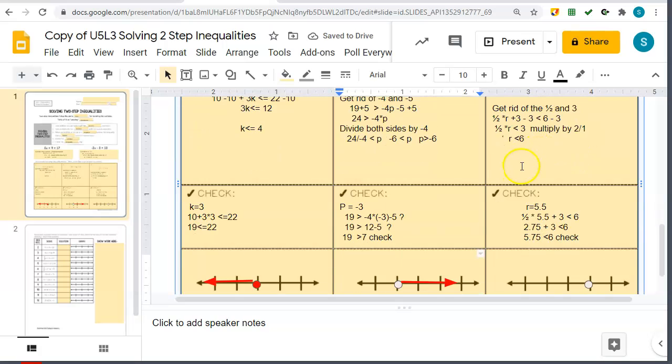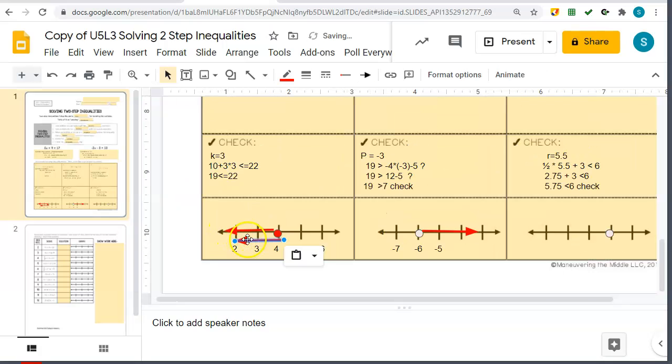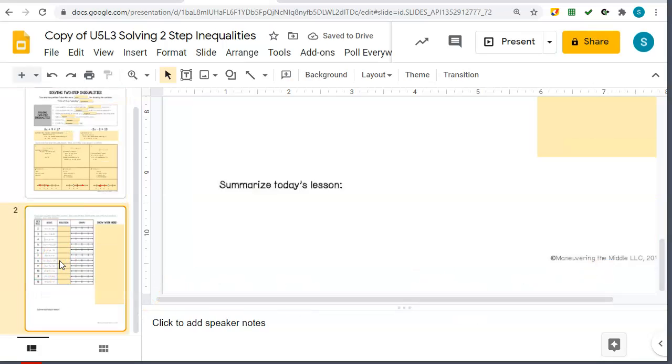Here we want r is less than 6. Alright, let's just lower that down a little bit. So here we've got 3, 4, 5, and 6.